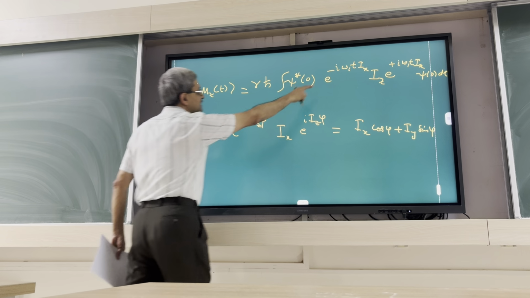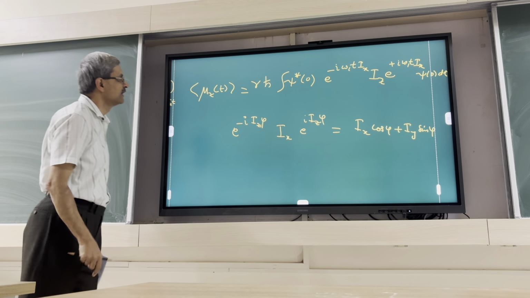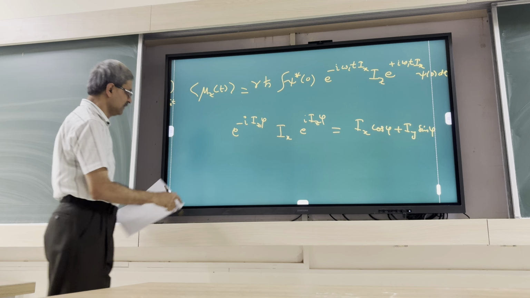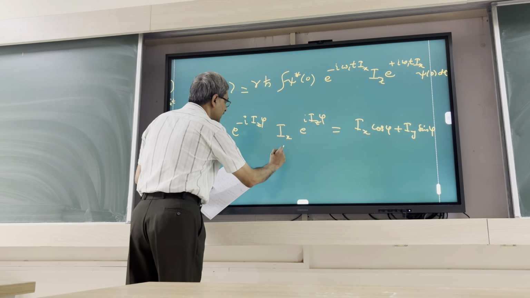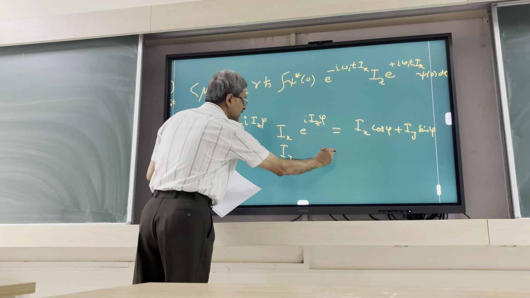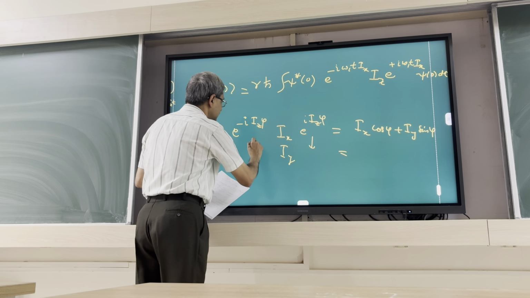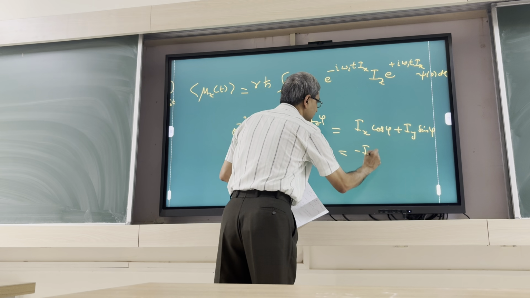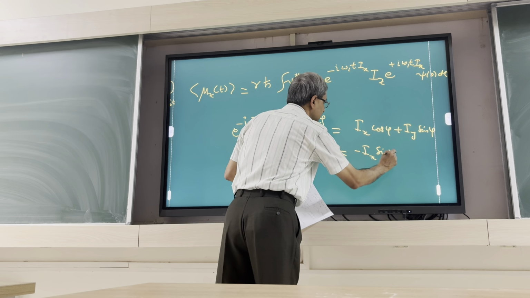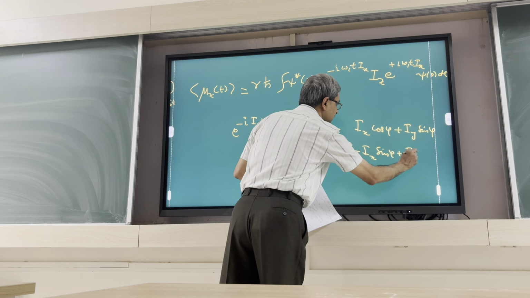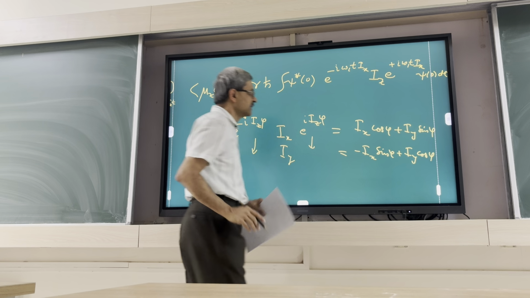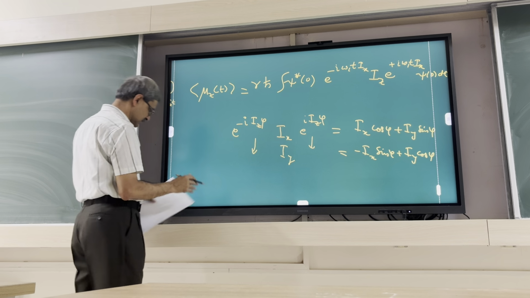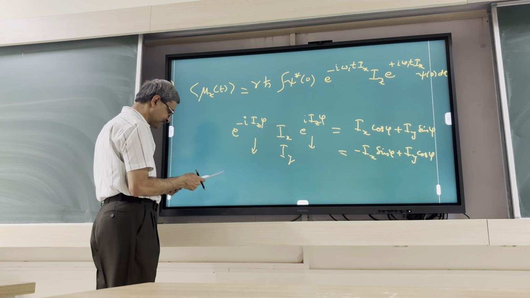You can associate something here with the angle, right? This omega 1 t is basically the angle. Likewise, if you put Iy here, then again rotation about the z-axis, so minus Ix sin phi plus Iy cosine phi, and with the z.